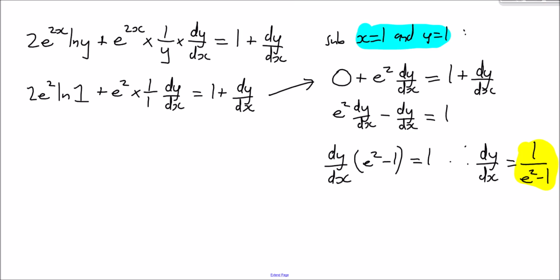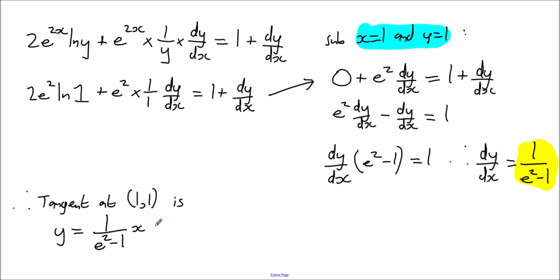So we can now say about the equation of the tangent at 1, 1. So therefore, tangent at 1, 1 is going to have the form y equals mx, which is 1 over e squared minus 1 x, plus c. So to find out what c is, we can simply again substitute in a point we know. So again, if we sub in x is 1 and y is 1, we can work out what c must be, because we know it needs to go through when y is 1.